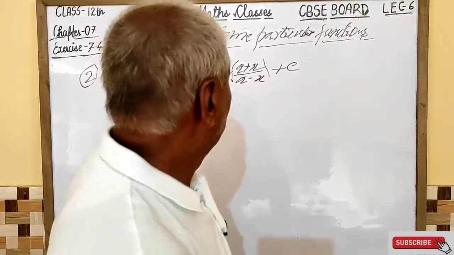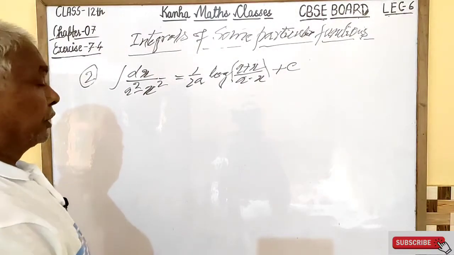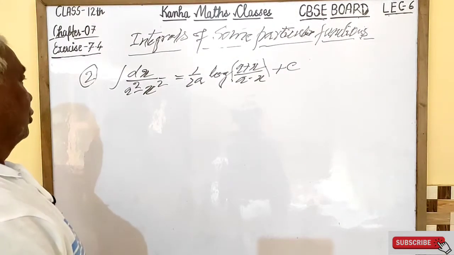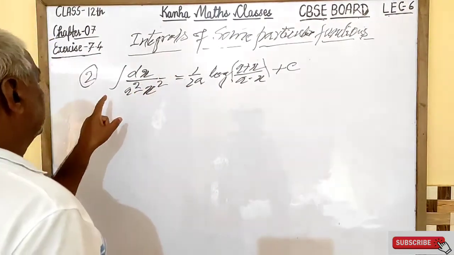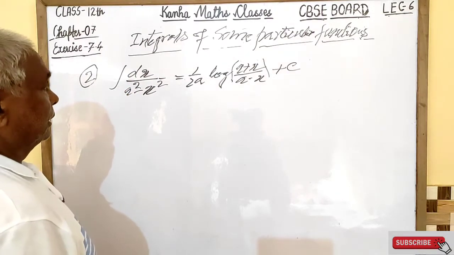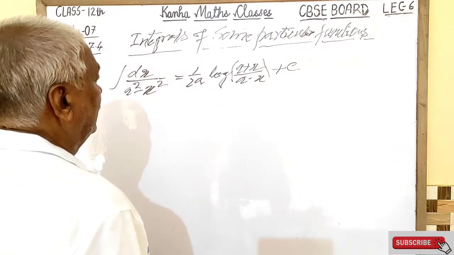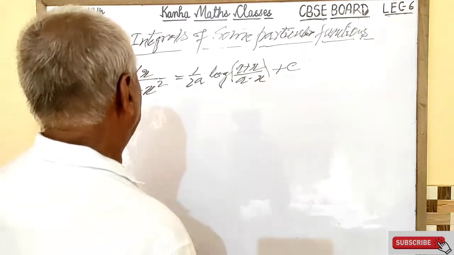Now in the continuance of the first formula, we will proceed to derive the second formula, that is the integral of another particular function in the series. The second formula is dx upon a square minus x square is 1 upon 2a log a plus x upon a minus x plus c.